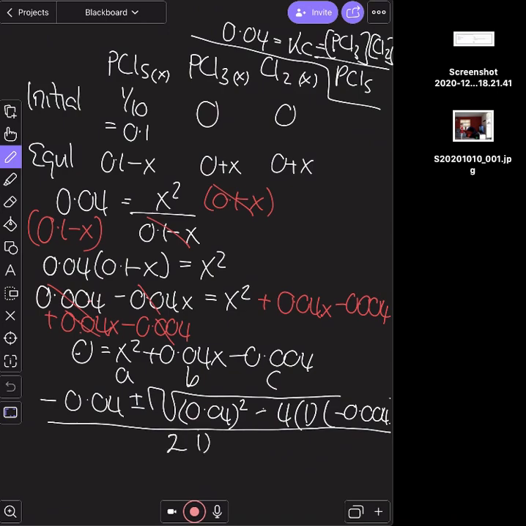Now I would suggest you put that into your calculator as it is and do one version where it's positive and one version where it's negative. And this is the point where people make the most mistakes in using this. So when you do that, you get two answers.